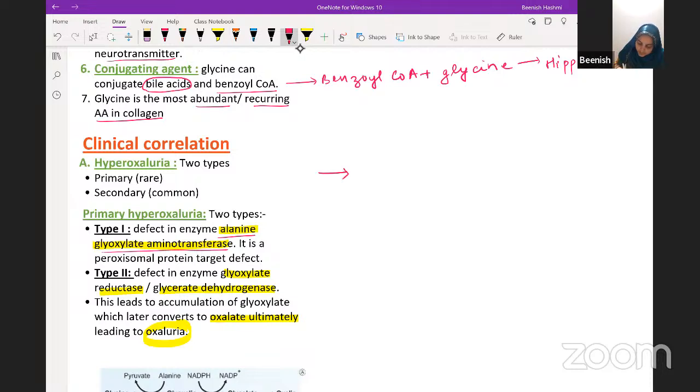So what I'm trying to say is, where are you getting this glyoxylate from?